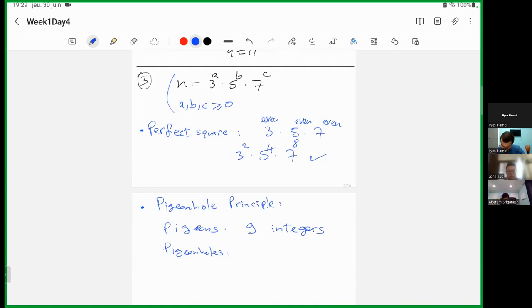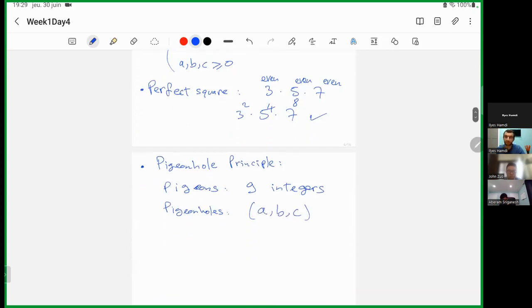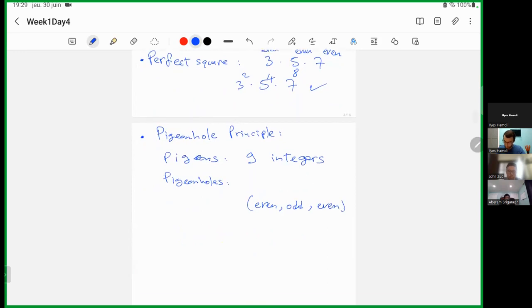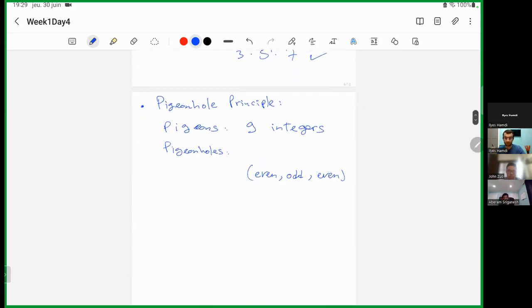So let me try to explain. Basically I will be considering the 3 exponents for each integer, right? And try to understand, is it an even number or an odd number? Like the parity of each number, right? So of course, I have lots of possibilities.